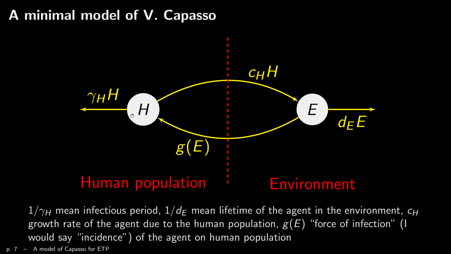I think it's worth explaining because that model, even though it is super simple, already incorporates some very important ideas. H on the left here is the human population.